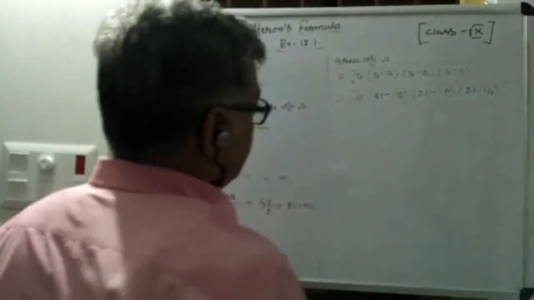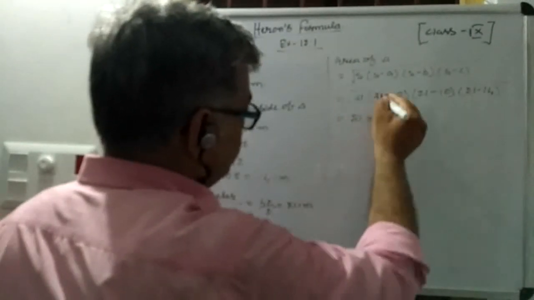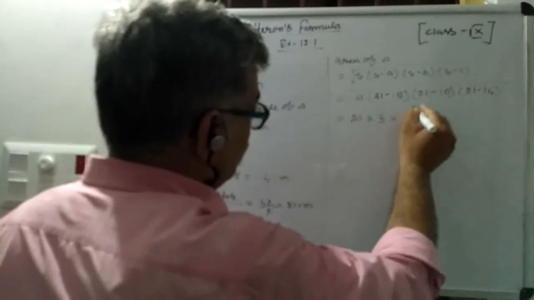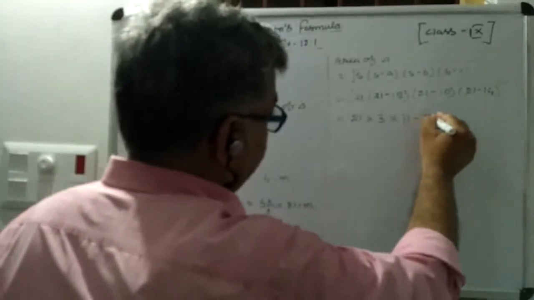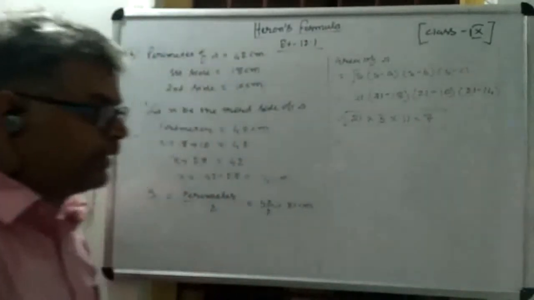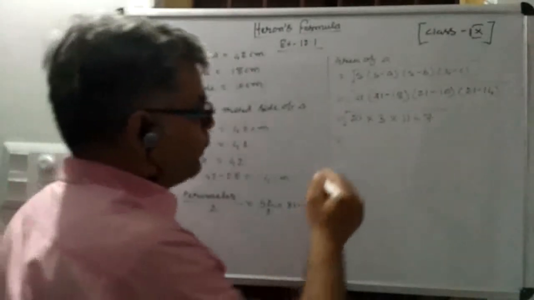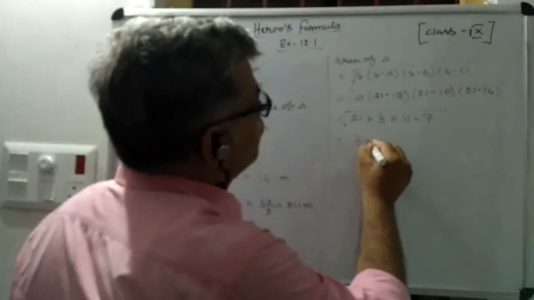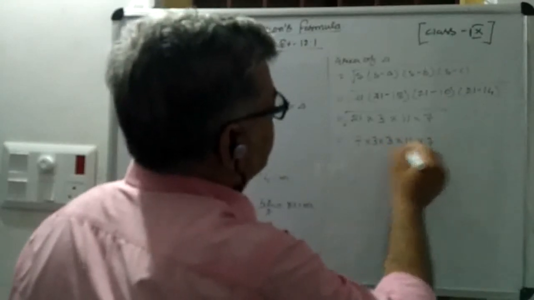Now this is under root. So now we have 21 into 3 into 11 into 7 under root. Now try to make the pair. So 21 you can write as 7 into 3, into 3 into 11 into 7.